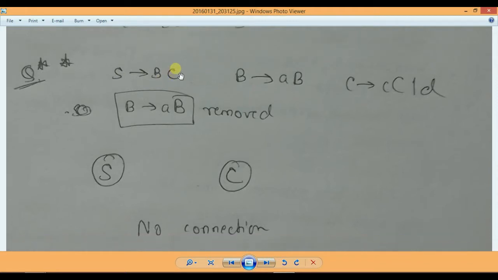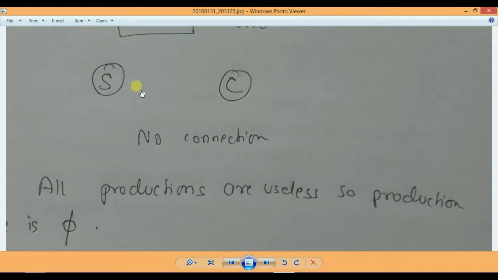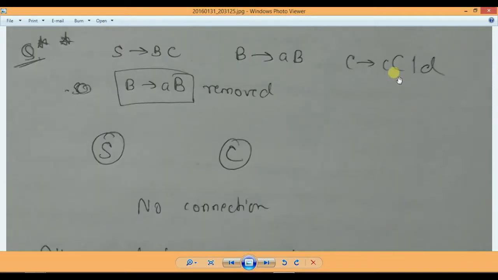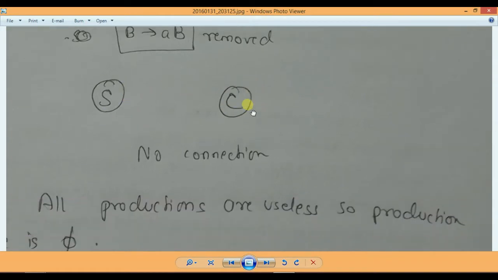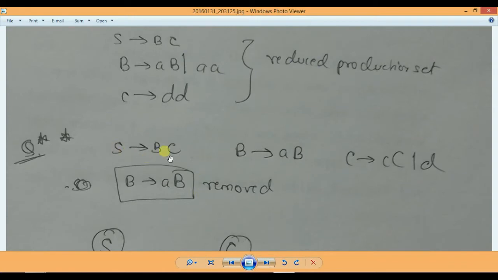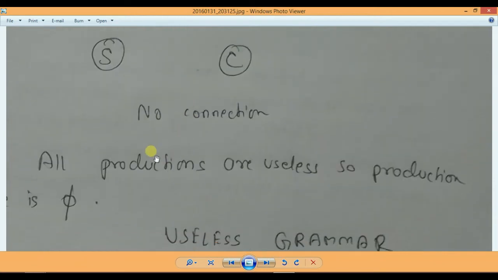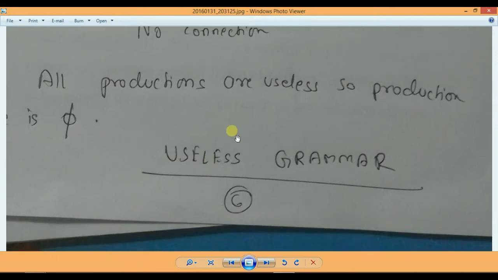So considering this C is not here, from S to B there is a connection, but B is not here, so there will be no connection from S to C. S is only pointing to B, not to C. I made a mistake here. Then all productions are useless, so the production rule is empty, and this is an example of useless grammar.